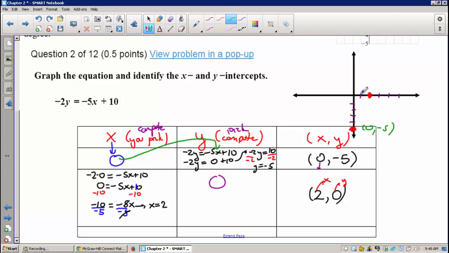This is 2, 0. Then all you need to do is connect these 2 dots with a solid line like this. Connect first and then extend it in the same direction like that, down and up. And make arrow signs like this.